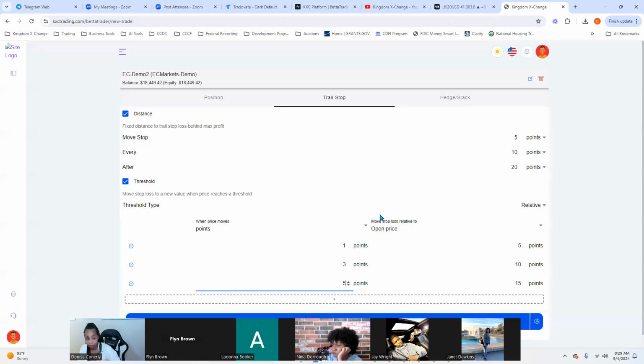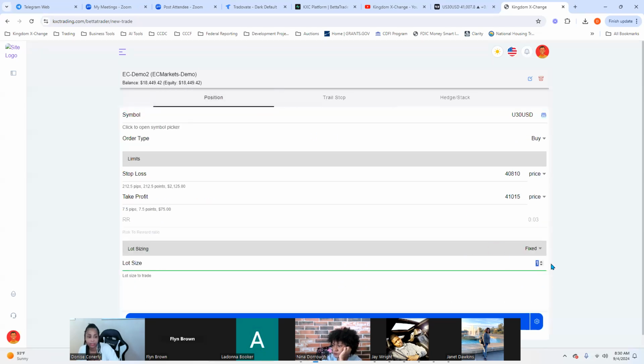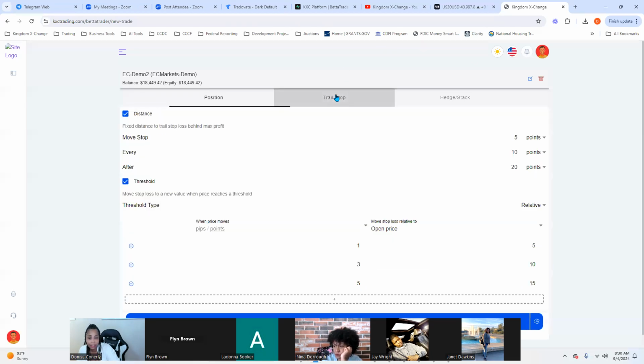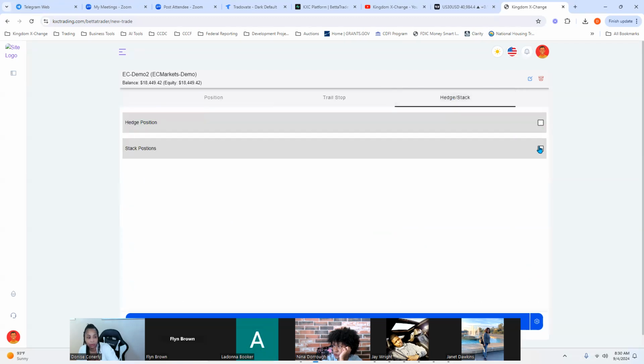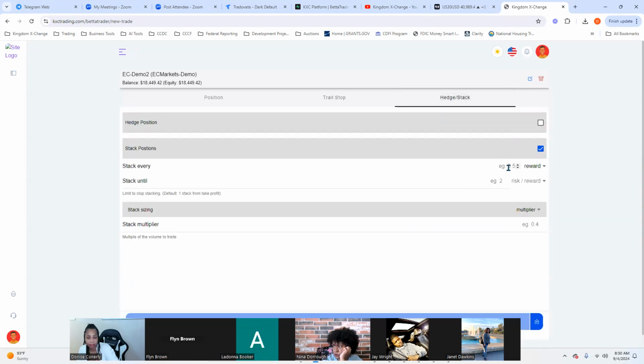In addition to that, say you want to start your position small. Say, I'm not sure about this analysis or if it's right, so I want to test it out, and I only want to go in 0.25. But if everything goes well, I want you to stack my positions.